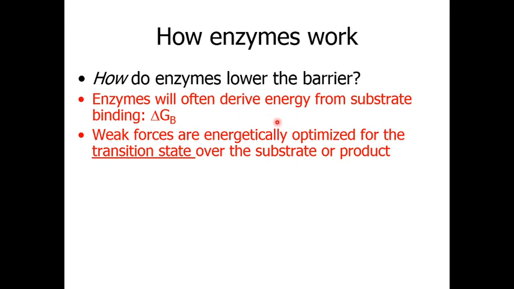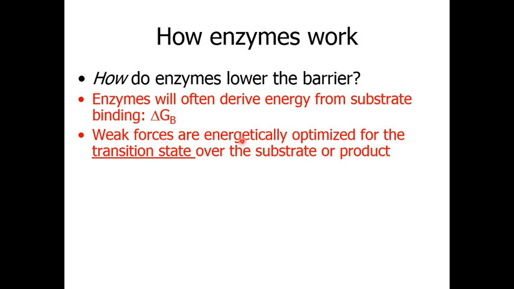Enzymes will often derive energy from substrate binding. So when a substrate is bound on an enzyme, there's always some energetic contribution that is involved, and that is the delta GB, or delta G of binding. Weak forces are energetically optimized for transition state over substrate or product.